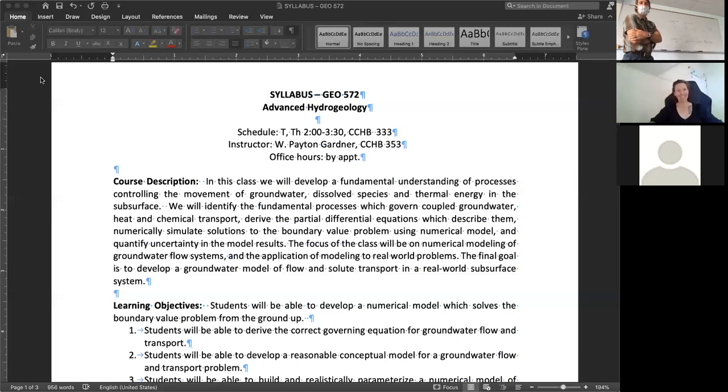Yeah. Every time we start groundwater, I usually ask, what is the main law we talked about in groundwater? Darcy's law. What is Darcy's law?